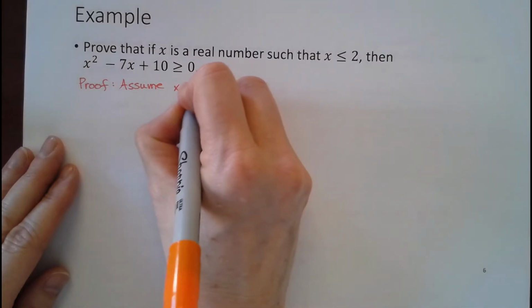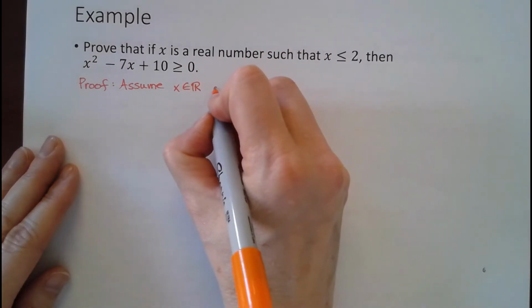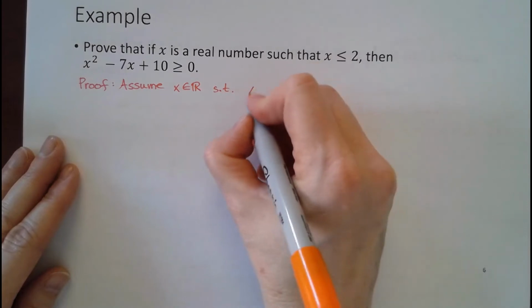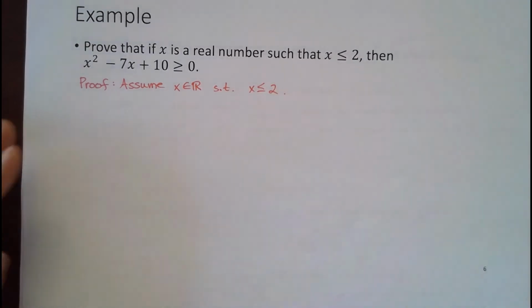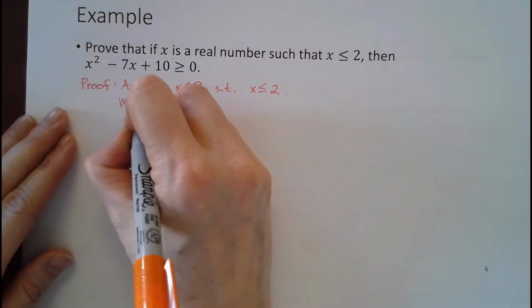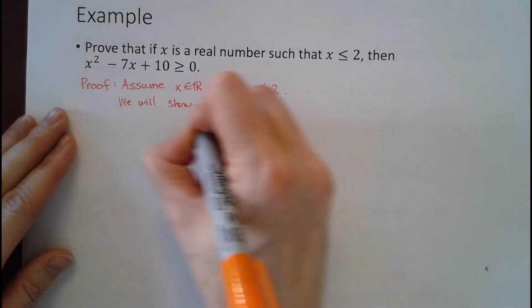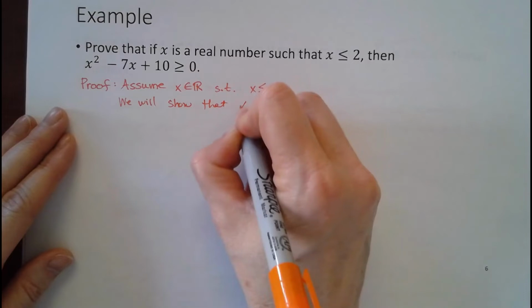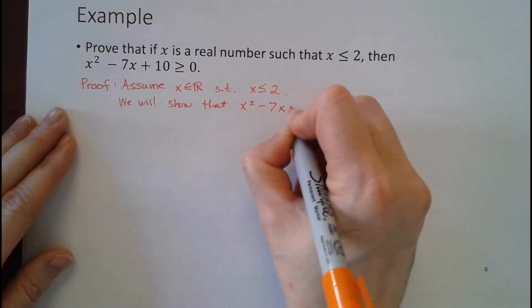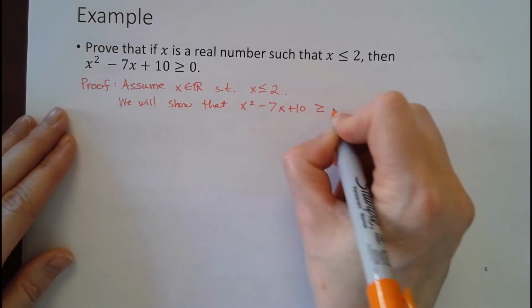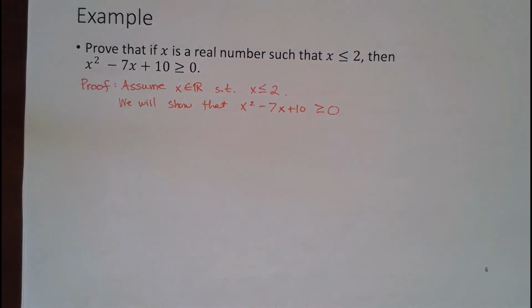X is a real number such that x is less than or equal to 2. And then we will show that x squared minus 7x plus 10 has to be greater than or equal to 0.